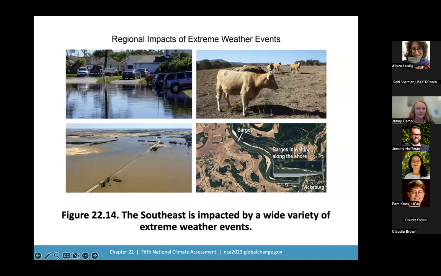And it affects the communities both ways when those systems are disrupted. So the Southeast is at risk, as Jeremy said, of climate change related impacts such as sea level rise, flooding, extreme heat, drought, and other hazards. But we can take a proactive approach to offset the future climate related damages across the region. Next slide.